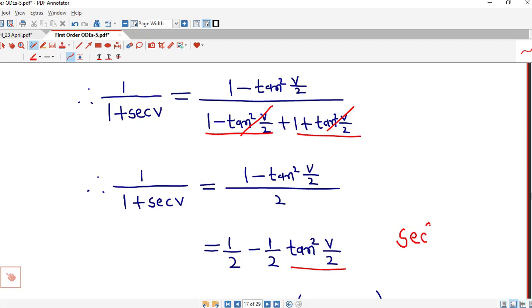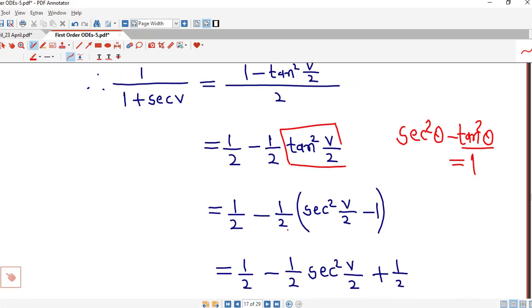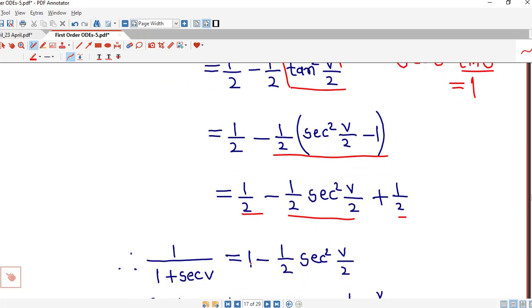Now we use the identity sec²θ - tan²θ = 1, therefore tan²θ = sec²θ - 1. So we replace tan²(v/2) by sec²(v/2) - 1. Then we multiply this bracket by -1/2, and we have -1/2 sec²(v/2) + 1/2, and 1/2 + 1/2 is 1. So we have 1 - (1/2)sec²(v/2).